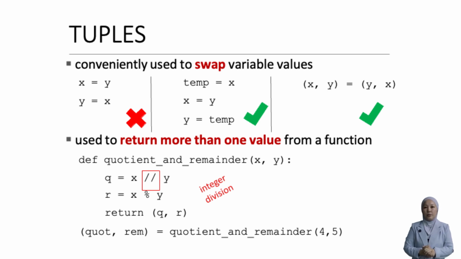Second, and more importantly, tuples allow a function to return multiple values. Consider a function quotient_and_remainder(x, y). It can compute both results and return them as a tuple: return (q, r). The caller can capture both at once: (quot, rem) = quotient_and_remainder(4, 5). This is a common and powerful pattern, as functions are no longer limited to a single output.